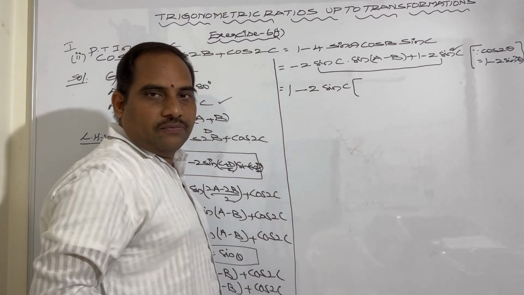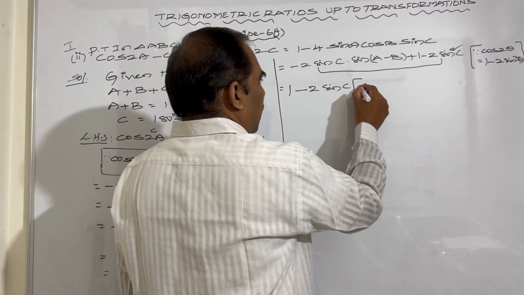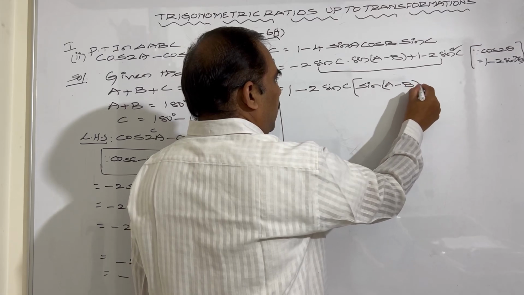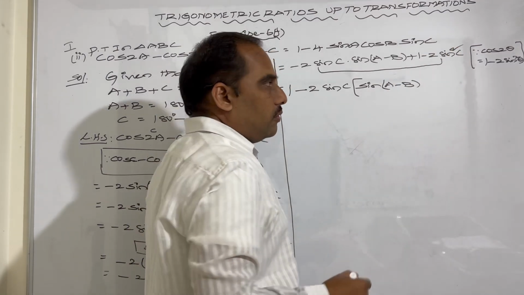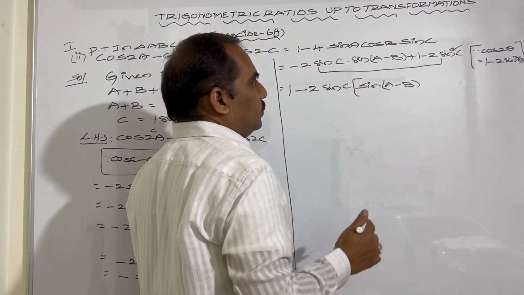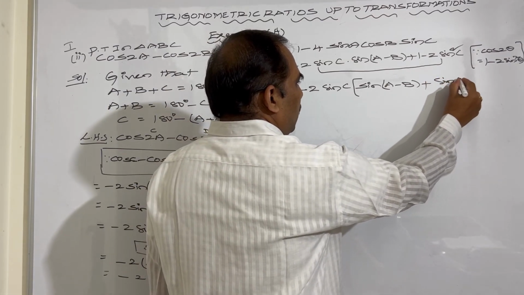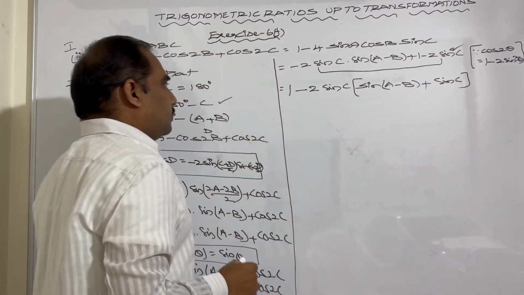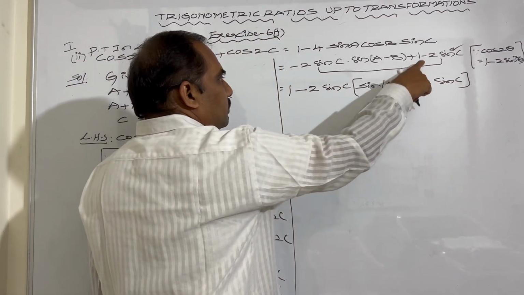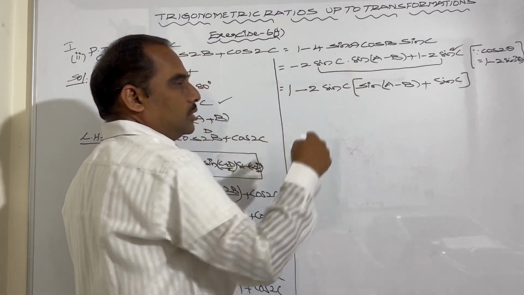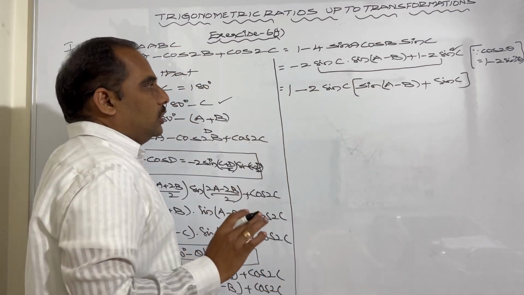Then sin of (A minus B) is left over in the first term, and in the last term, after taking minus 2 sin C common, one more sin C is left over. Minus into plus is minus, so the term is the same with no change.